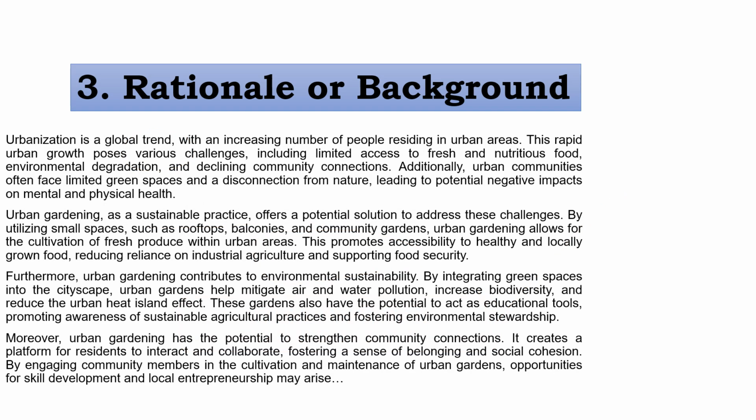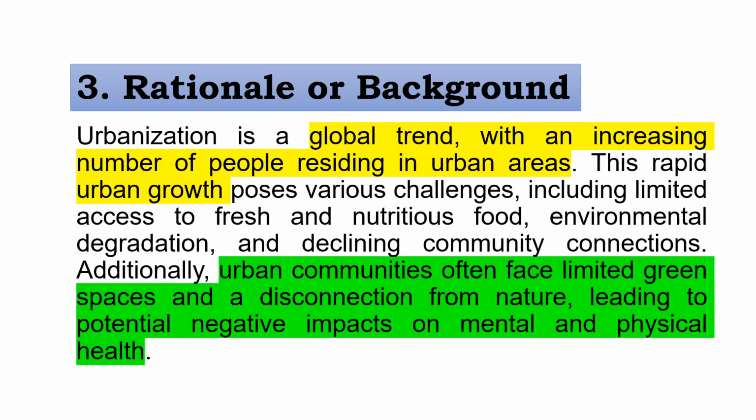So this is an example of a rationale or background. You can pause it if you like. But as you can see here in the example, it talks already first about the concept, and that is urbanization. There are different ways to explain the concept, but here you explain first urbanization as the main concept you are talking about. And then urbanization, which is a global trend, increasing number of people residing in the urban areas, that is the scenario first.